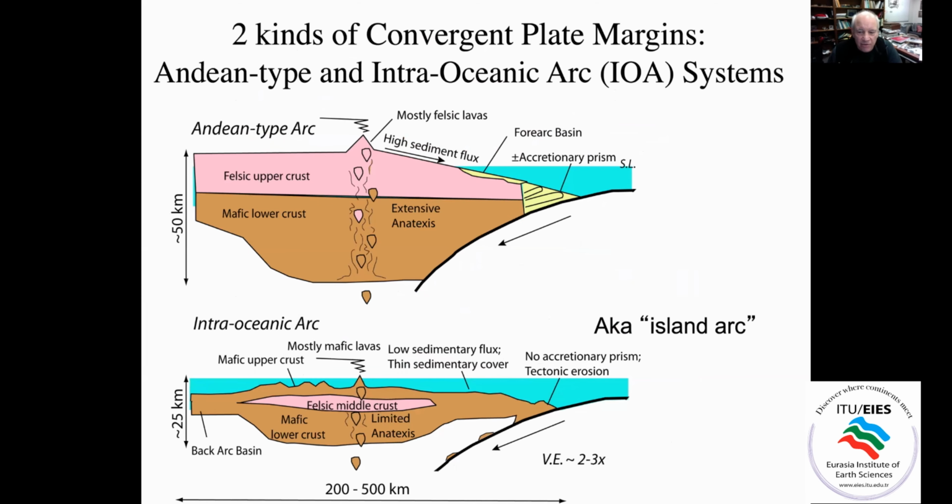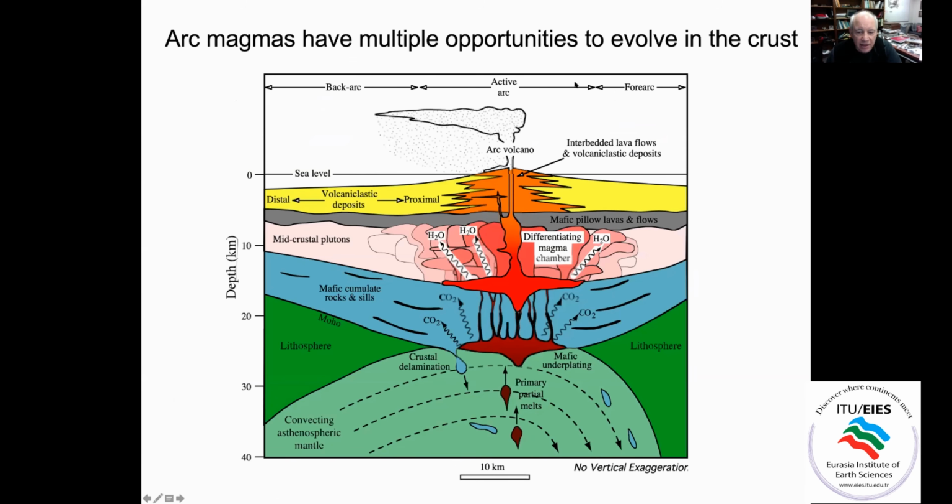So we talked about these kinds of convergent plate margins, the Andean and the intraoceanic archetypes. And these systems have multiple opportunities to evolve in the crust. The hydrous basaltic melt comes out of the asthenosphere and establishes a magmatic system that evolves, because at a mid-ocean ridge, the magmatic system doesn't evolve.